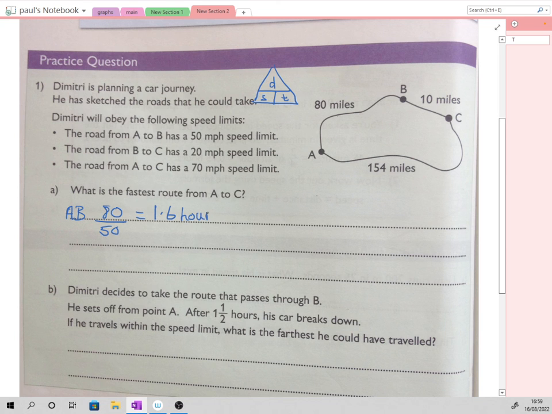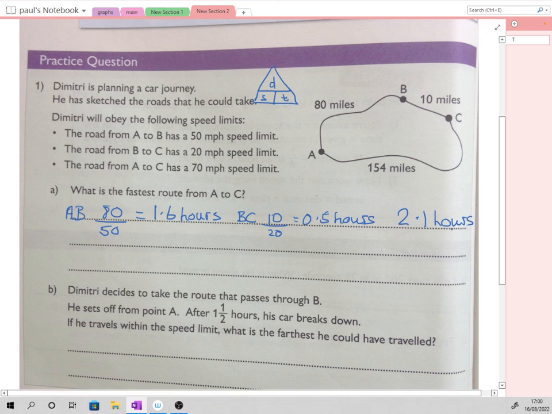I'm going to leave it as that, because all we have to do is compare the two. B to C, the distance is 10 and the speed is 20, so that equals 0.5 hours. Add these two together and it's 2.1 hours.